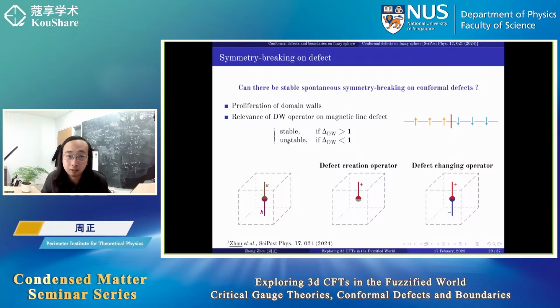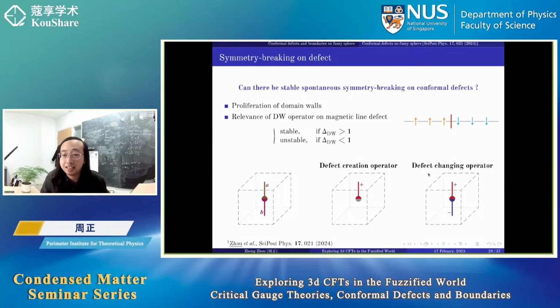In the language of conformal defects, this translates into the defect changing operators, where we take two semi-infinite long defects polarized towards different spin directions. For example, the upper half at spin up and the lower half at spin down, and join them at one point.